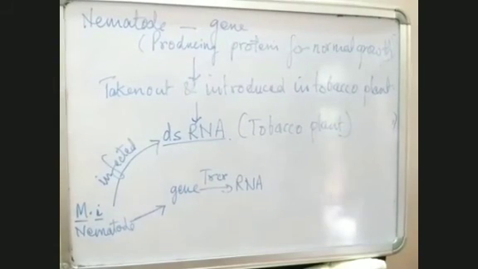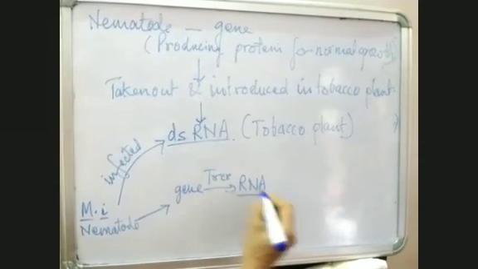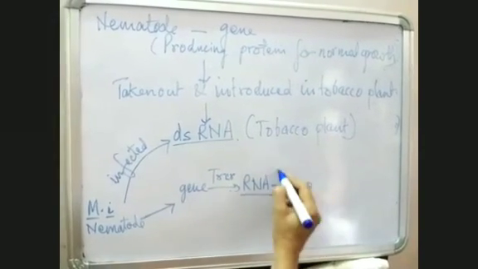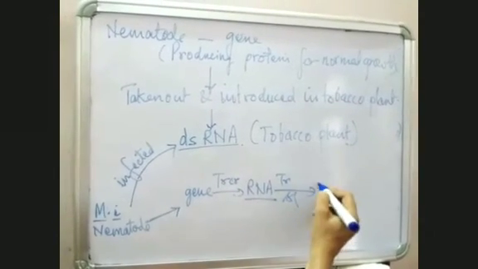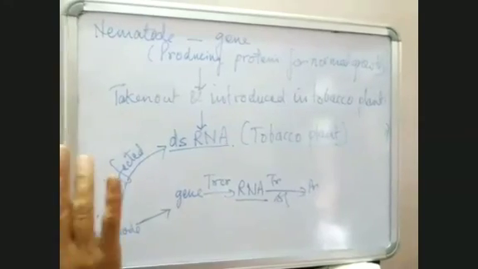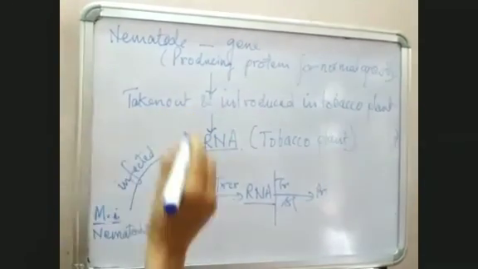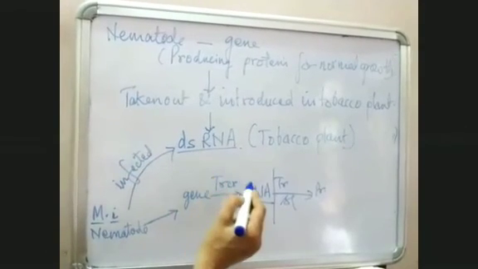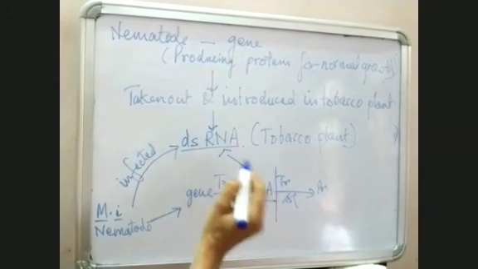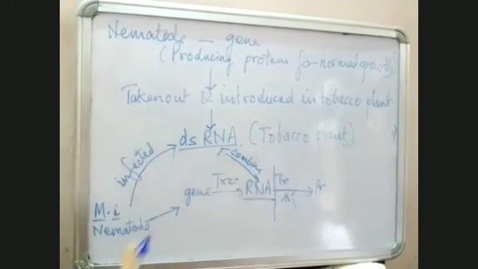Normally, this RNA would undergo translation and produce protein, and this protein would help in the growth of the nematode. But this will not happen. Here the process will be blocked because dsRNA is already there, and this RNA will combine with this dsRNA, and the further process is blocked.